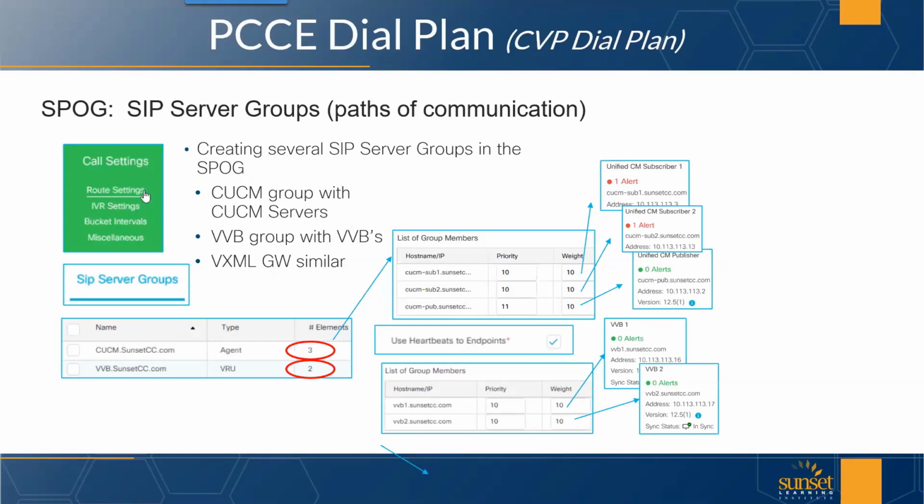So where are all of these things configured? A couple of things need to be configured, and remember this is all SIP services, and because they're all SIP services, they need to be defined.